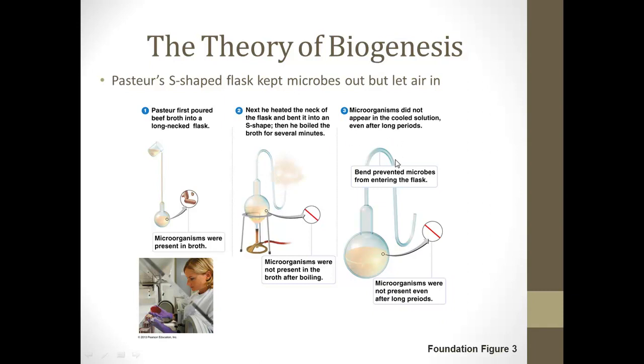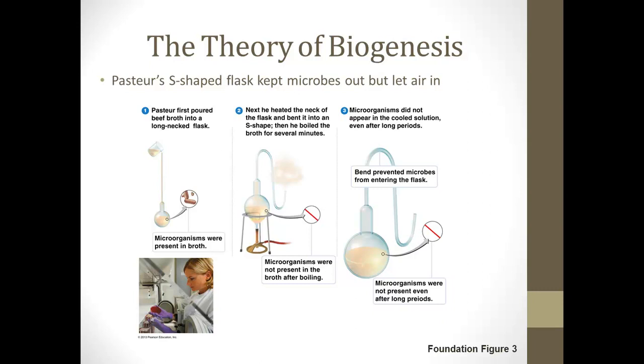The organisms were able to come in, but they weren't able to get to the broth, because after a long period of time, the organisms would get trapped right here in the S-shaped portion.